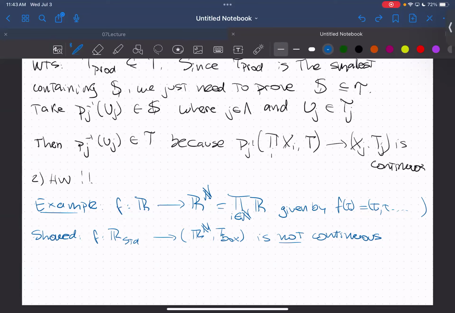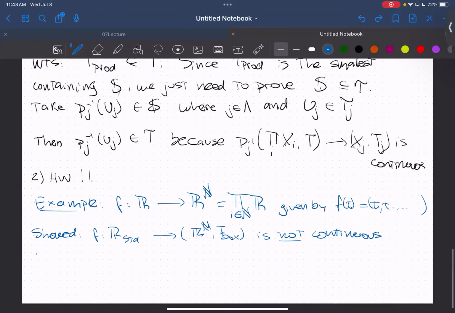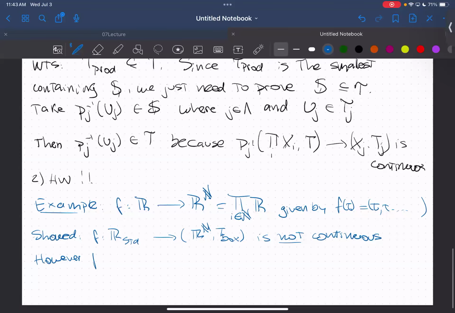It's not continuous because there is a very small open set containing 0, and the preimage is just the singleton 0, which is not open. And then I also asked you to show that f going from the reals with the standard topology to R to the n with T prod, the preimage of a basic open set is open. That's enough to show this function is continuous. That's one of the equivalences for continuous functions. This one is continuous.